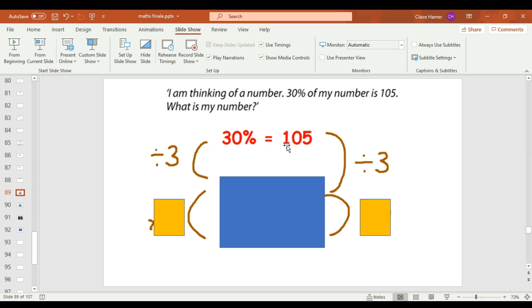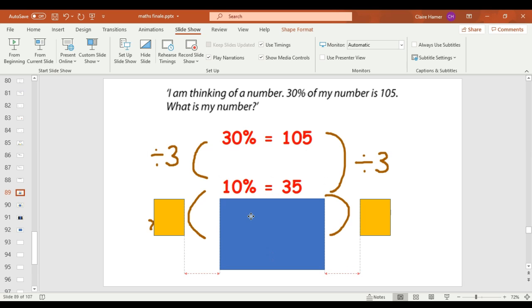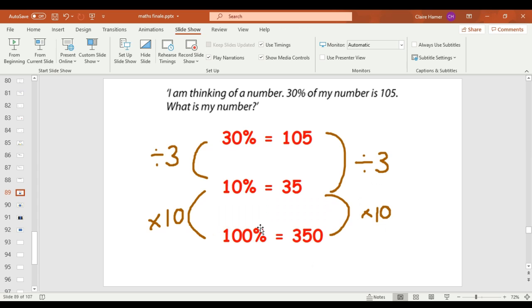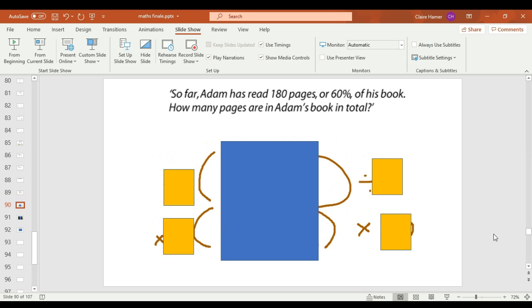So for example, 1 add 0 add 5 is 6. So I know that 105 is a multiple of 3. So I got 10% is equal to 35. And then I know that 10 lots of 10% make 100, so the answer is 350.